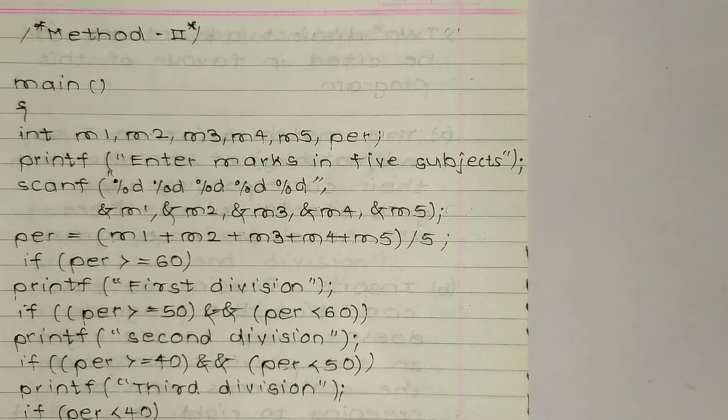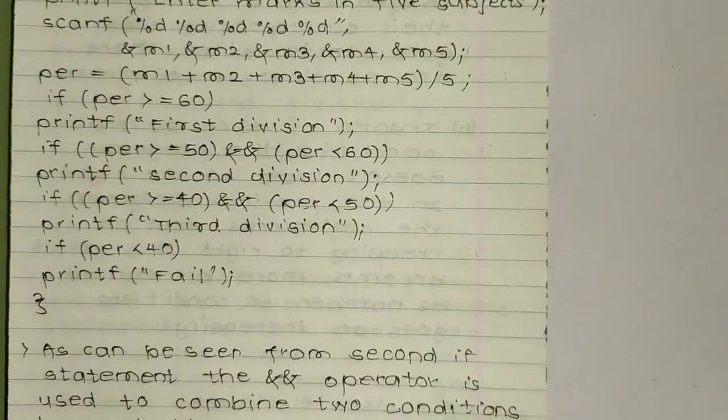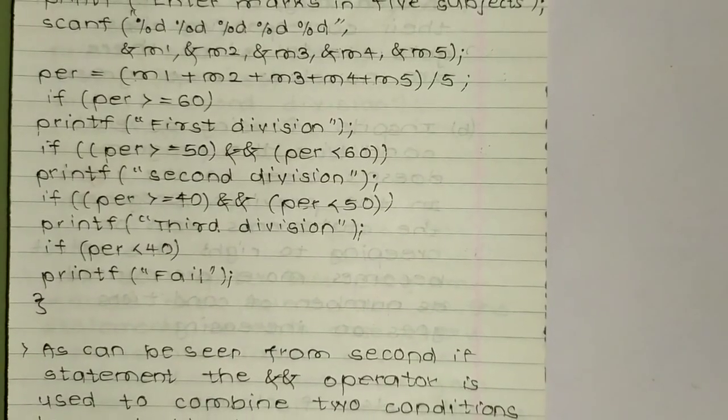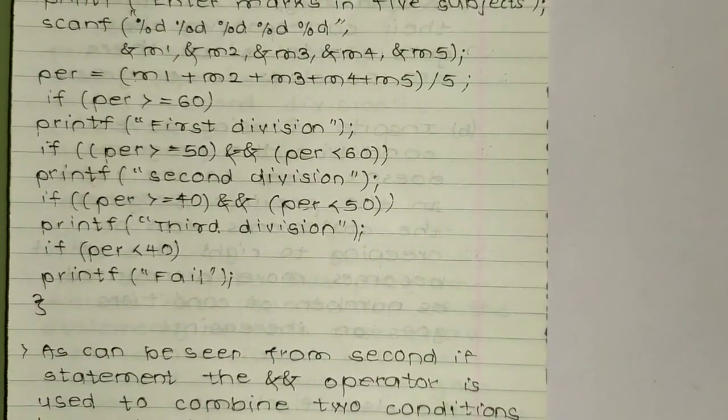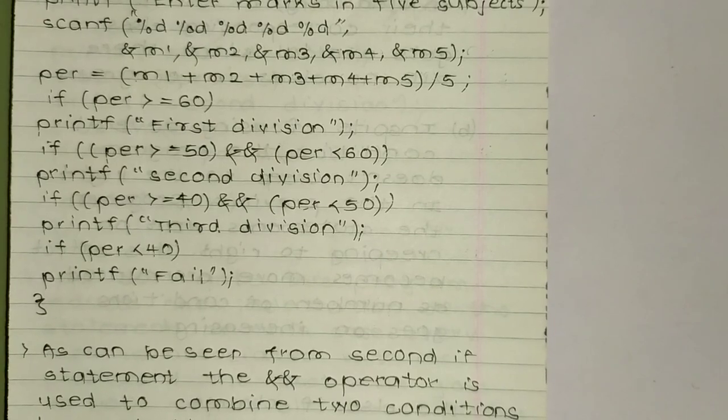Now we have per, that is the percentage value, and we will be using logical operators. If per is more than or equal to 60, printf first division. Now if per is greater than or equal to 50 and per is less than 60, printf second division.